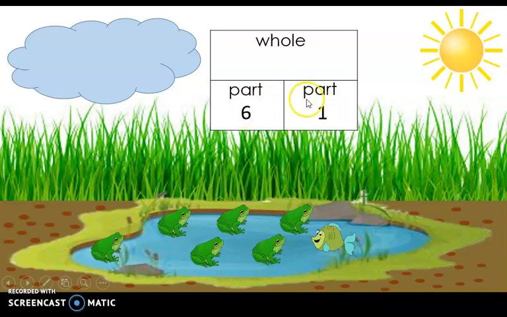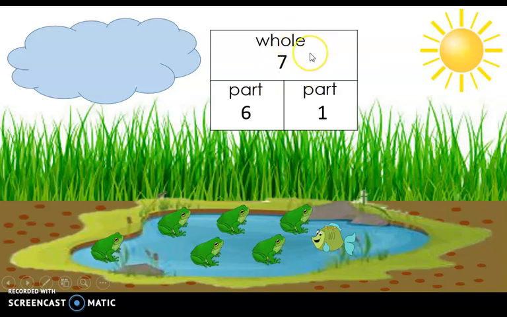So I have 2 parts, but in my whole pond, let's see how many creatures there are. Ready? 1, 2, 3, 4, 5, 6, 7. So up here, all together, I have 7 critters as my whole amount of critters or creatures in my pond.